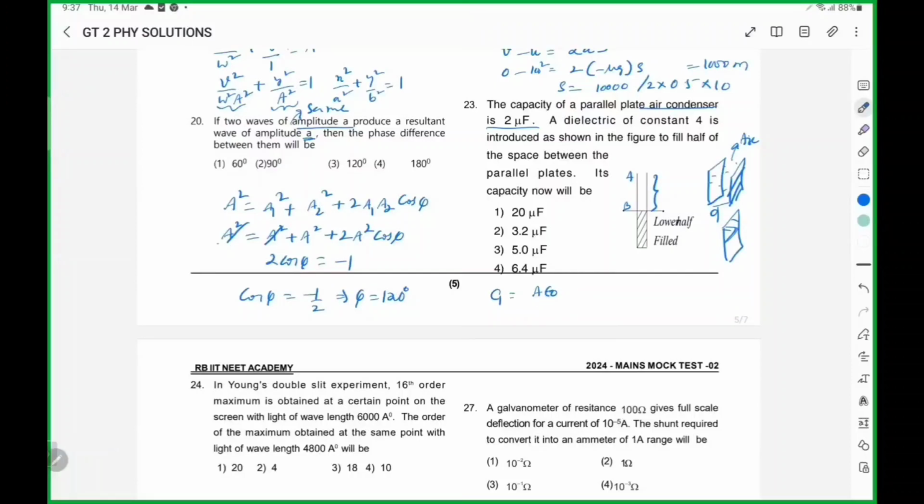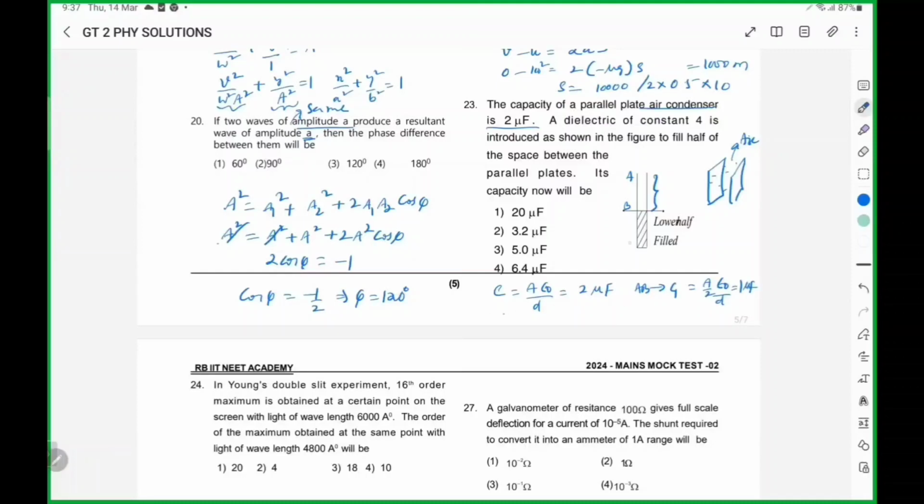Original capacitance, when it is an air capacitor, is equal to A epsilon naught by d, 2 microfarad. So for part AB, if you take one capacitor, area is half, so that is 1 microfarad.